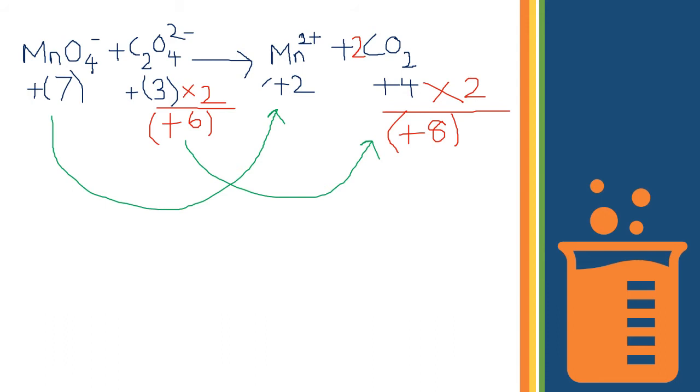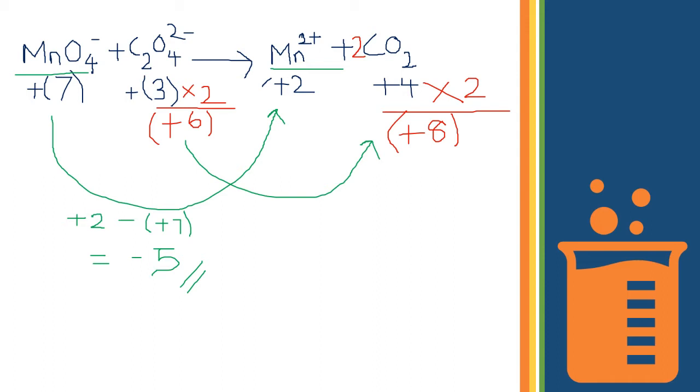So if we consider the first pair consisting of MnO4- and Mn2+, and consider the difference between them, it would be +2 minus +7, and then the oxidation number change would be -5. Do the same for the other side.